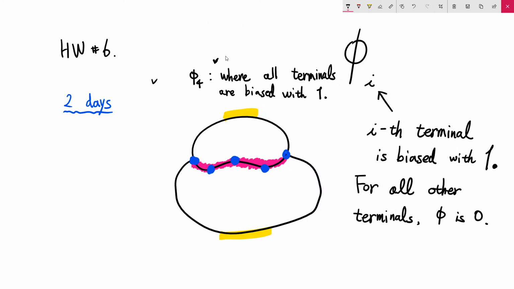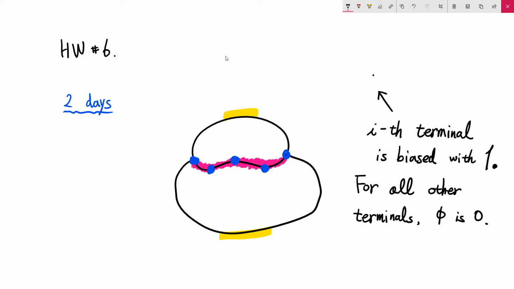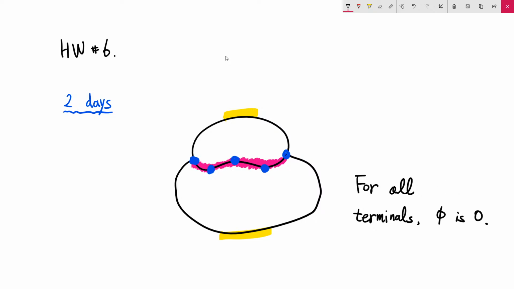Okay, so I think the problem is quite clear, and since we have already discussed this homework number 6 in the previous lecture, and previously I thought it was too tight to solve 2 problems, I reduced the number of problems from 2 to 1, and now this is the remaining task for you.